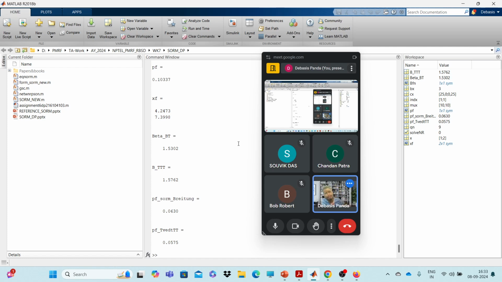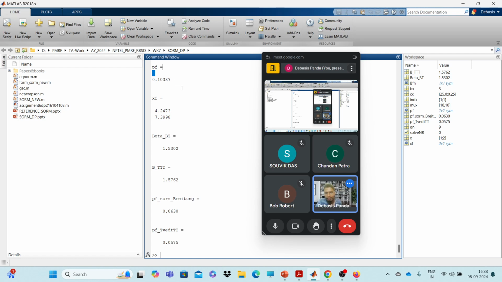This book you can refer to for this second order reliability problem: Haldar and Mahadevan. Is it visible? Yeah, it has given the results. Look, first it prints the beta value using the first order reliability index, 1.2626, and the probability of failure.